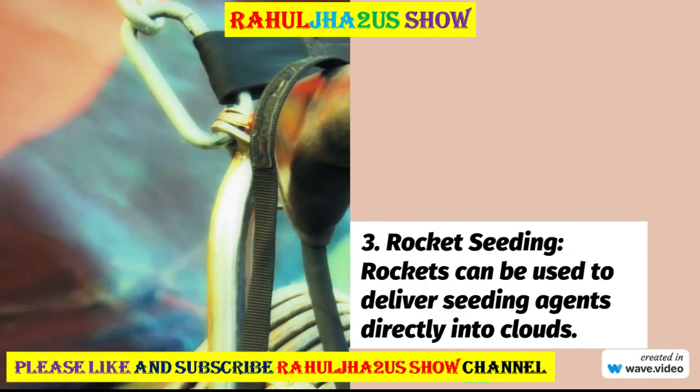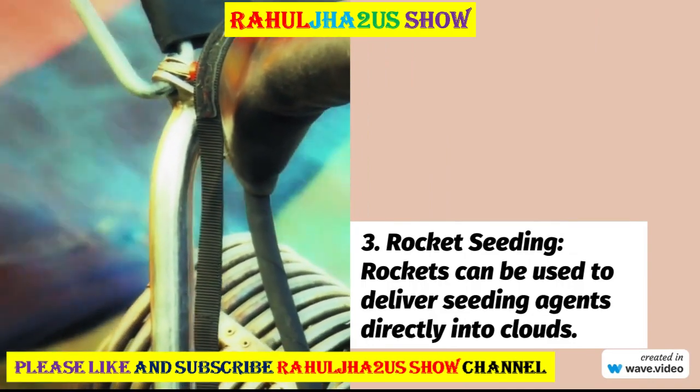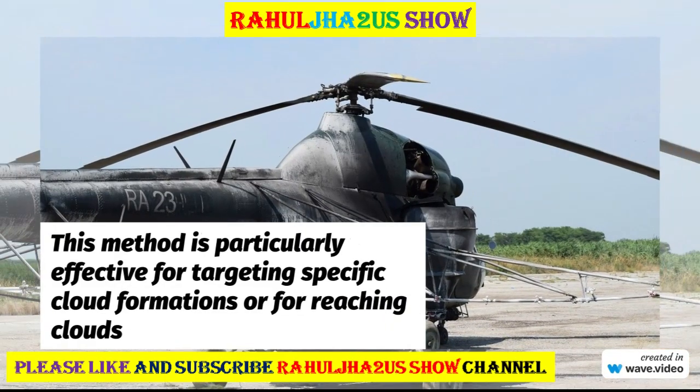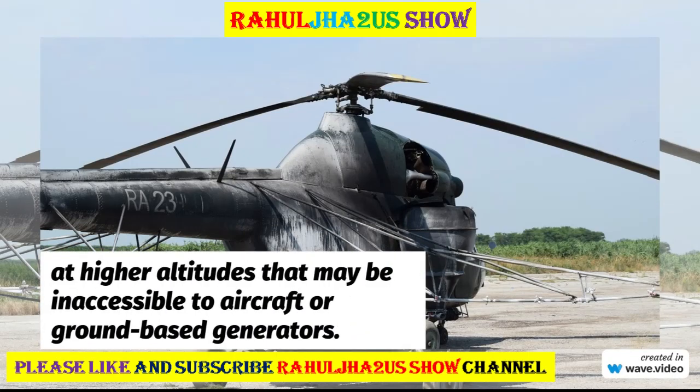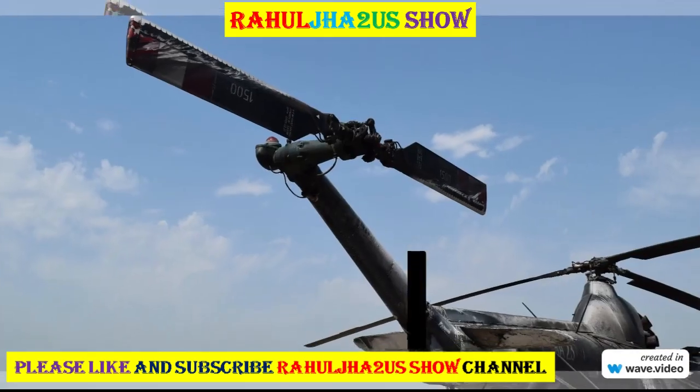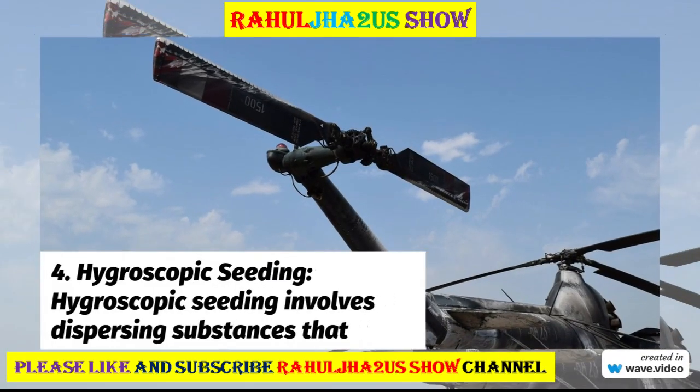Rocket seeding can be used to deliver the seeding agent directly into the clouds. This method is particularly effective for targeting specific cloud formations or for reaching clouds at higher altitudes that may be inaccessible to aircraft or ground-based generators.